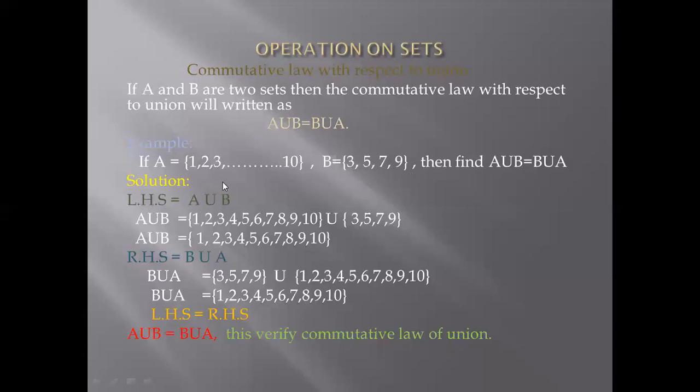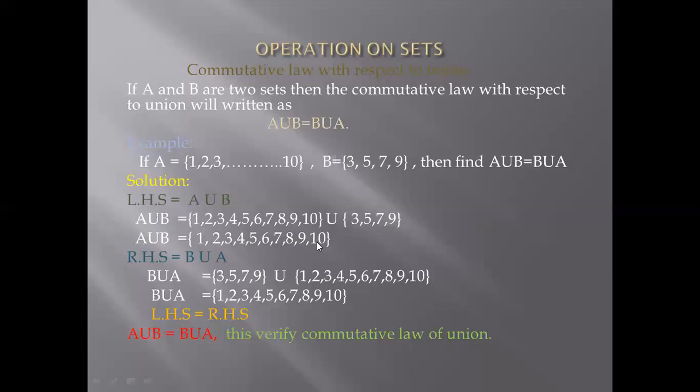Okay, now come to the left hand side, A union B. We write the elements 1, 2, 3, 4 till 10, union, then the elements of set B: 3, 5, 7, 9. Again, I'm telling you, union means to combine all the elements. We write all the elements of A or B in one set. Now our answer becomes 1, 2, 3, 4, 5, 6, 7, 8, 9, 10.